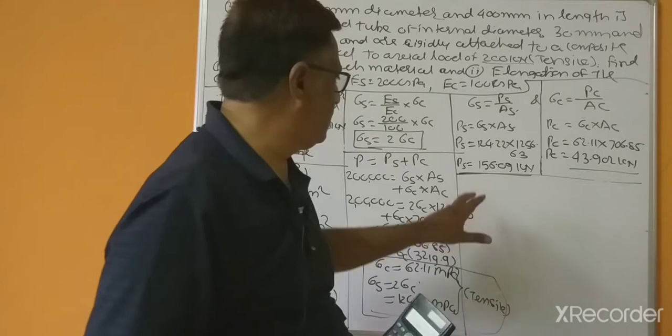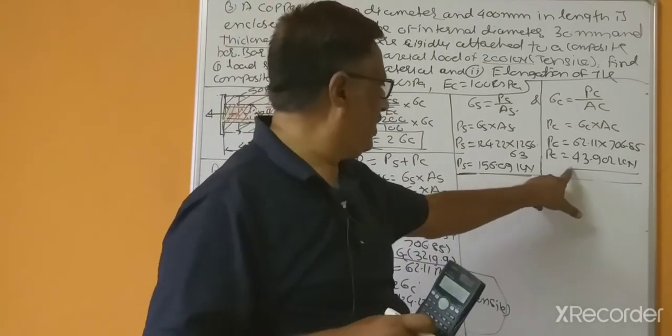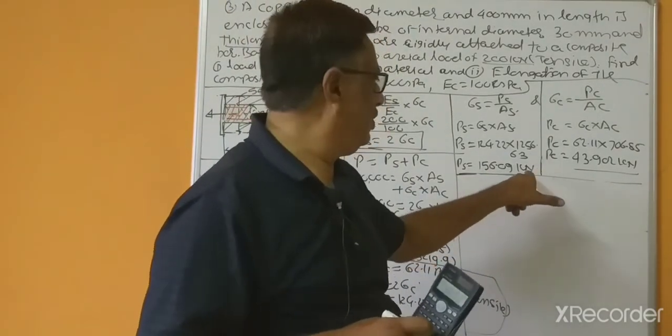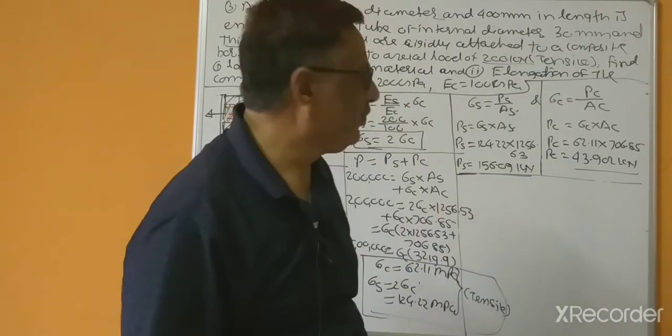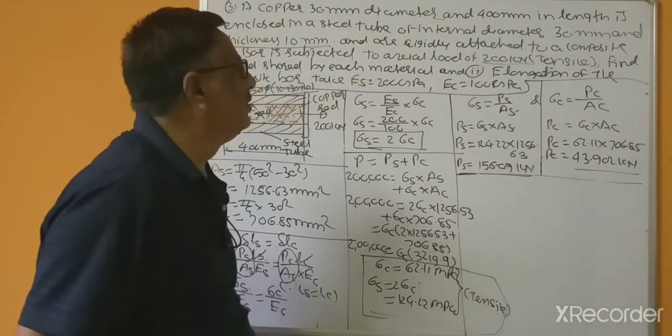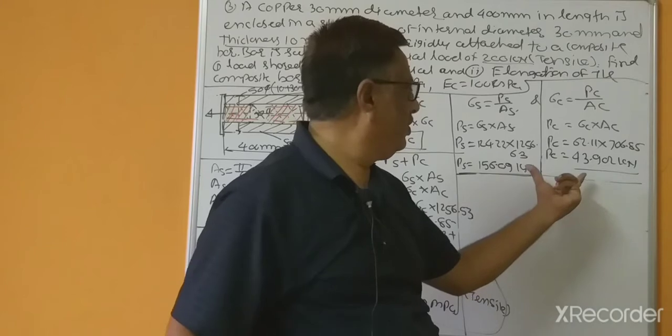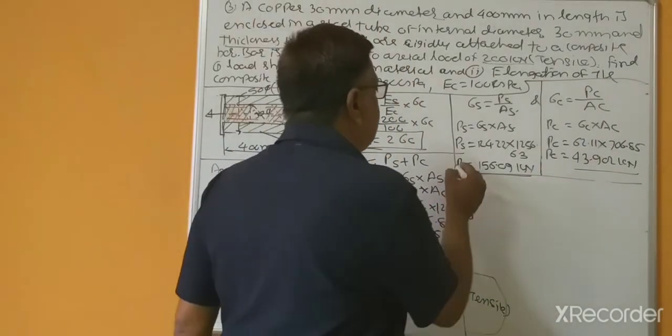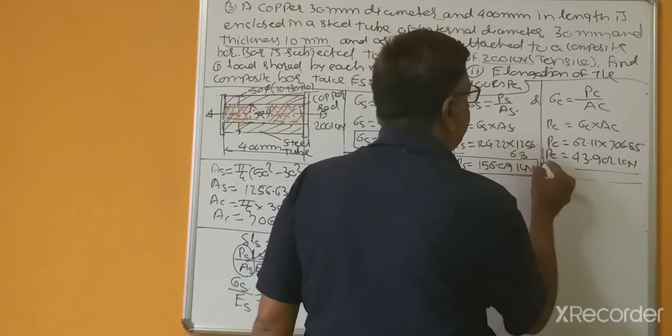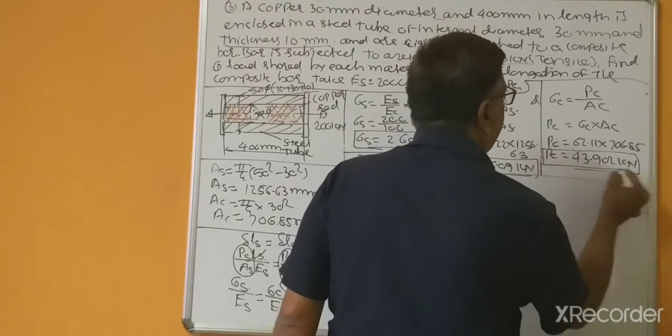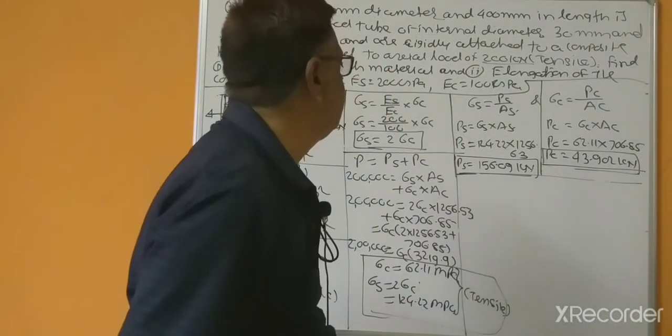Now add these terms, 156.09 and these terms, you will get 200 kilonewtons. Right? So that's why I said this is approximately. So this is your expected answers. Both loads are tensile loads.